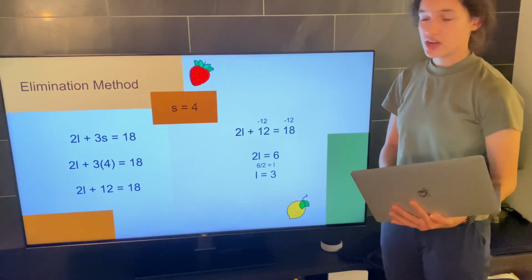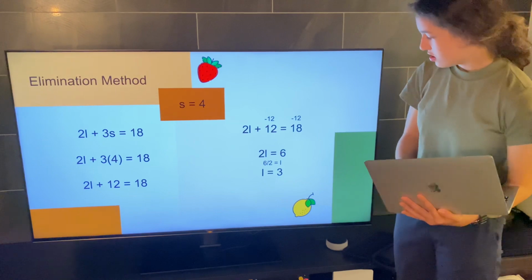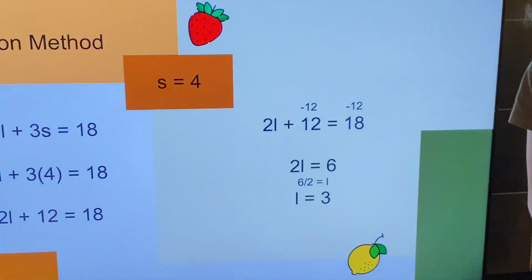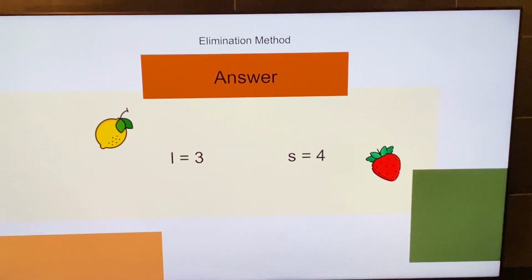And if you subtract 12 from both sides, then you get 2L equals 6, which is L equals 3. So that's how we get the answers through elimination.